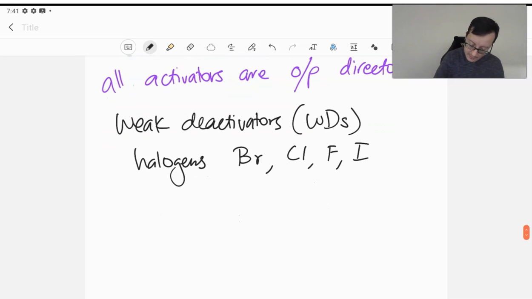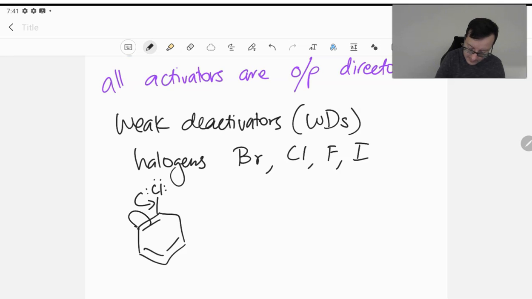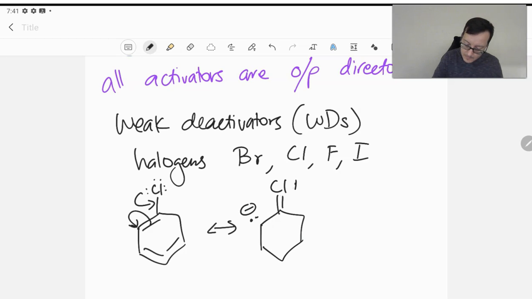So if we see here a chlorine can still technically resonate its electron density to a para position or an ortho position if you want to draw the rest of them out. So we do see that they still donate some electron density to the ortho and para positions.